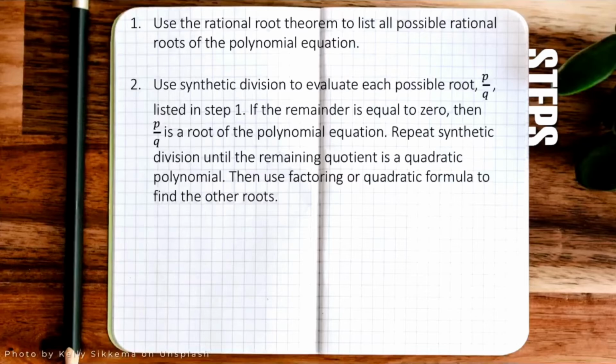Use synthetic division to evaluate each possible root p over q listed in step 1. If the remainder is equal to 0, then p over q is a root of the polynomial equation. Repeat synthetic division until the remaining quotient is a quadratic polynomial. Then use factoring or quadratic formula to find the other roots. Third step, list down the roots of the polynomial equation.